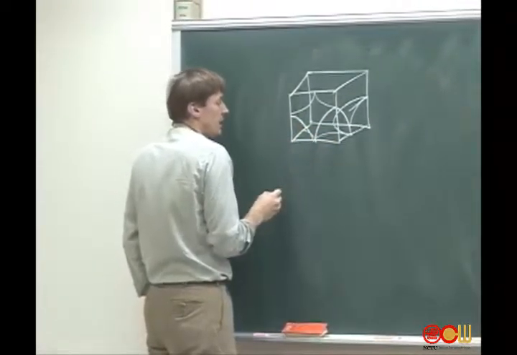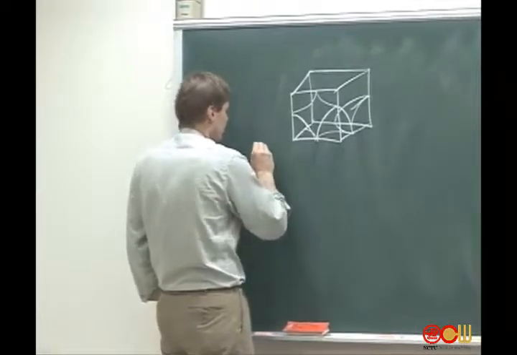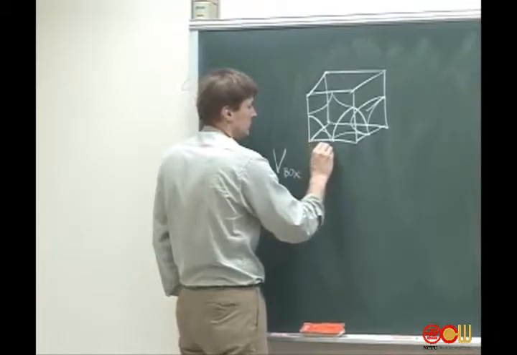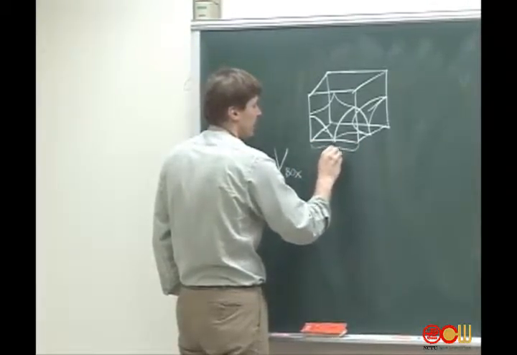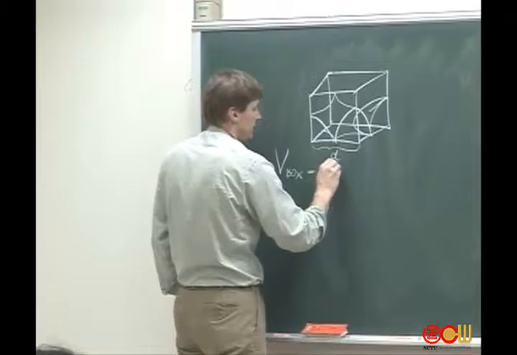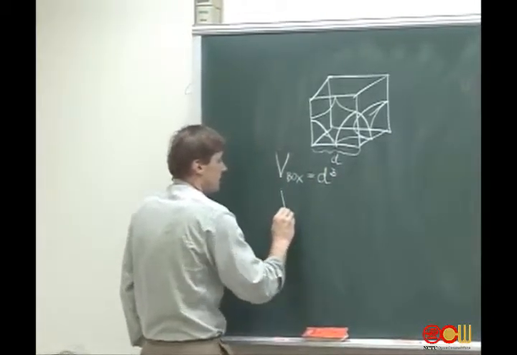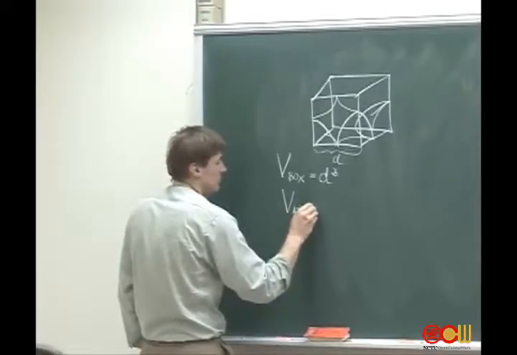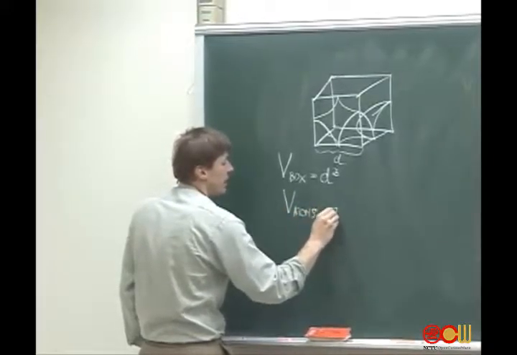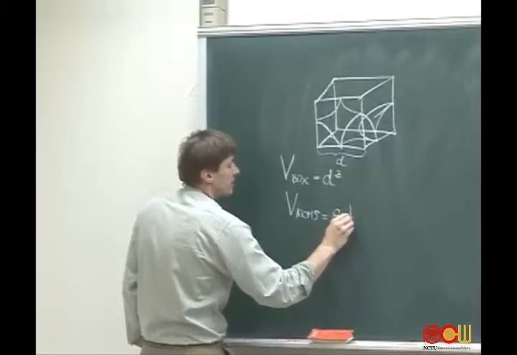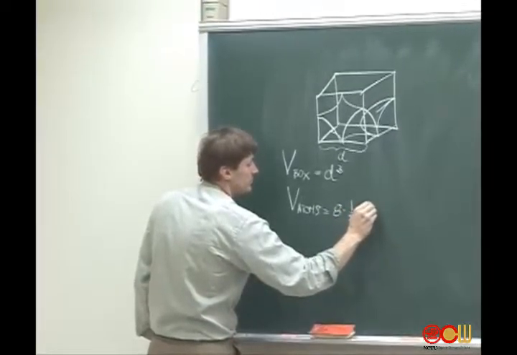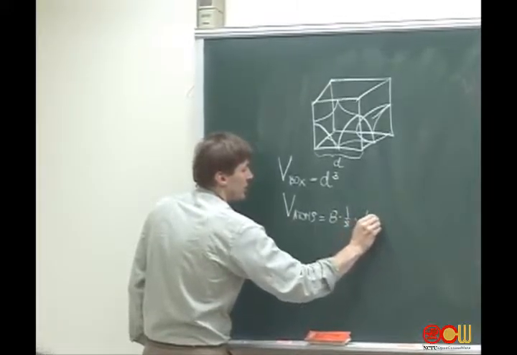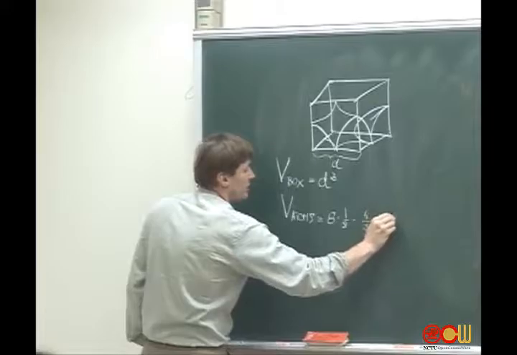So now I can see that the size of the box is just this line, d cube. The size of the atoms is just 8 times 1/8 times 4/3 pi r^3.